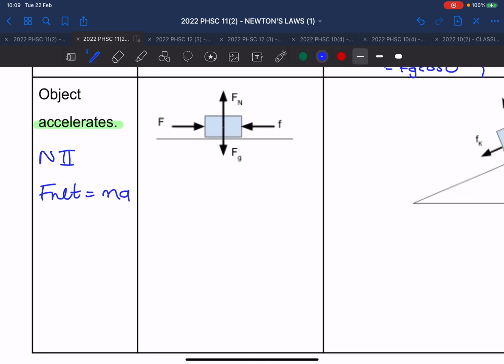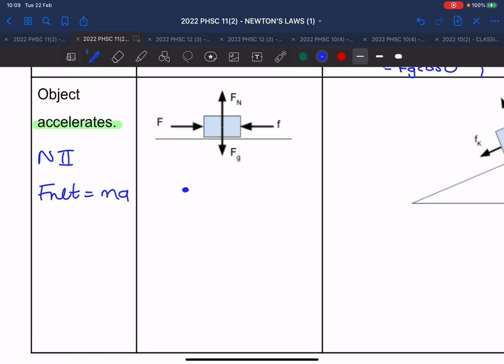Right. So if we look at the first one, when it's on a horizontal plane, in our free body diagram we have our applied force to the right. That will be again Fk, the kinetic frictional force underneath. Why kinetic frictional force? What's the difference between kinetic frictional force and static frictional force?